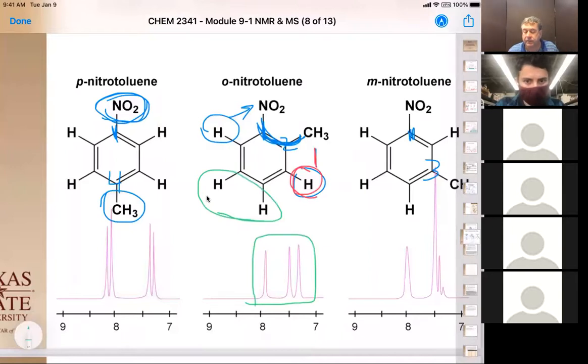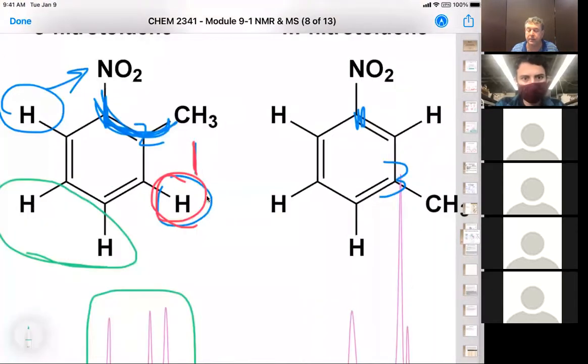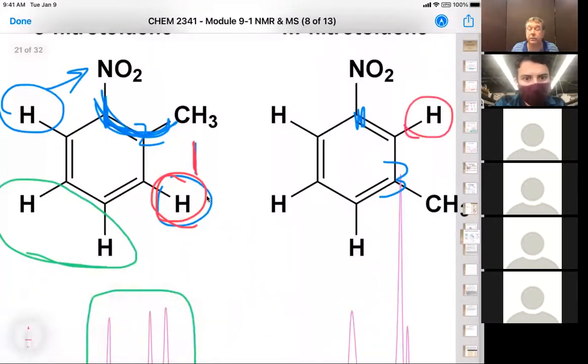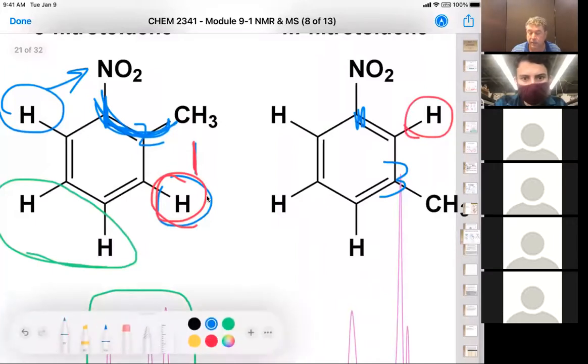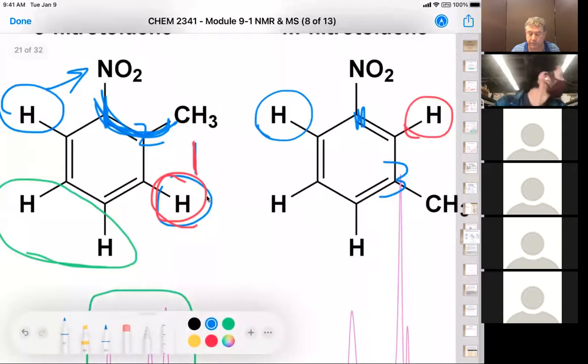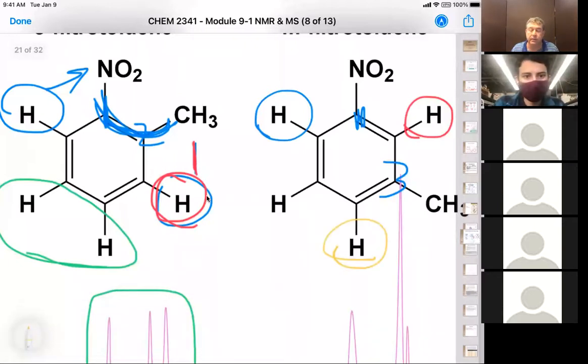Now, when we get to the 1,3 or meta substitution here, things go a little crazy because this hydrogen is different than all the rest. This hydrogen is different than all the rest because it's close to the nitro group. This hydrogen is different than all the rest because it's close to the methyl group. And this hydrogen is different than all the rest.